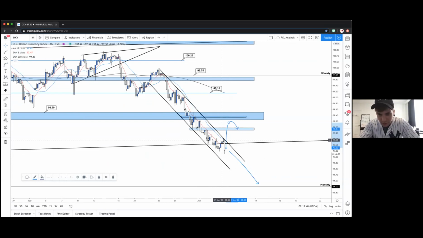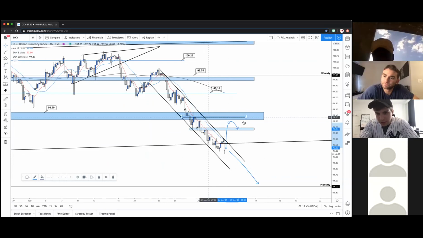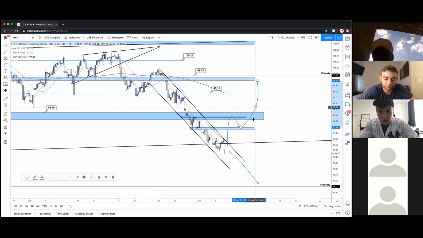We want to see this level break, this level break, this level up here break, and then this 4 hour up here break. Essentially, you want to see a good amount of bullish volume come into the market, break some levels, and establish some 4 hour higher lows with strong bullish setups on this time frame. And then we're looking to target higher, towards key resistance, whether that be our 99.15 handle, which is 4 hour structure, or our weekly resistance around 99.75.